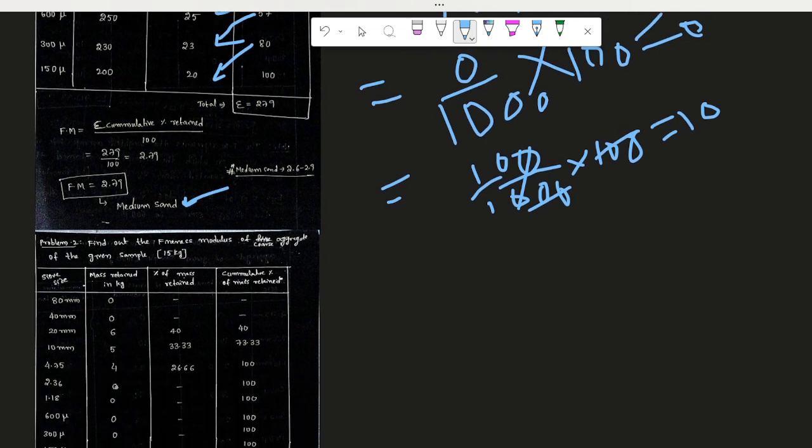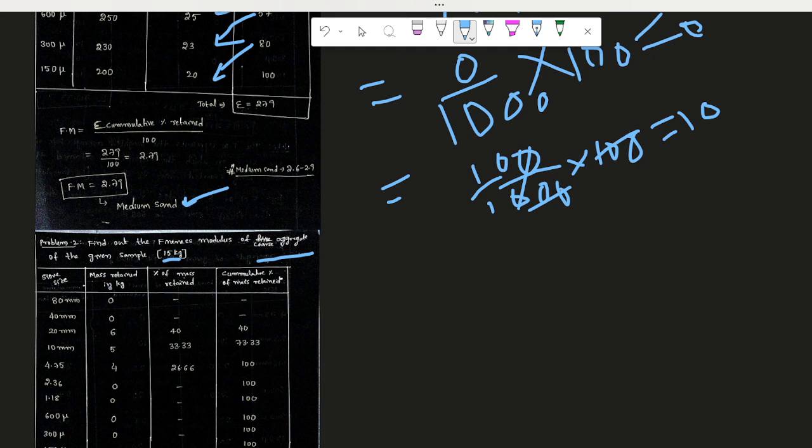Medium sand. Similarly, for coarse aggregate: find out the fineness modulus of a coarse aggregate for a given sample of 15 kg. Similarly, we write the sieve sizes, mass retained, percentage of mass retained, and cumulative percentage of mass retained.